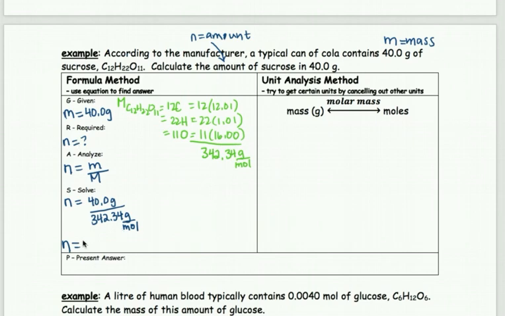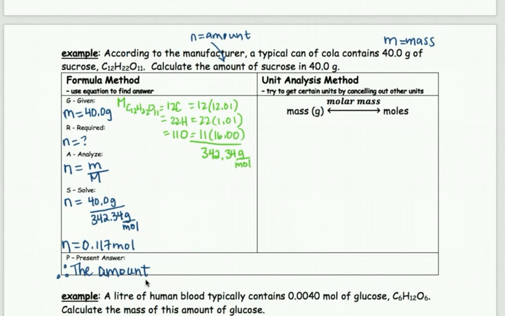Okay, so this comes out to, let's go 3 digits. Okay, so I know that the amount, the units are moles, so 0.117 moles. So therefore, what's the key word? Amount, okay? The amount.